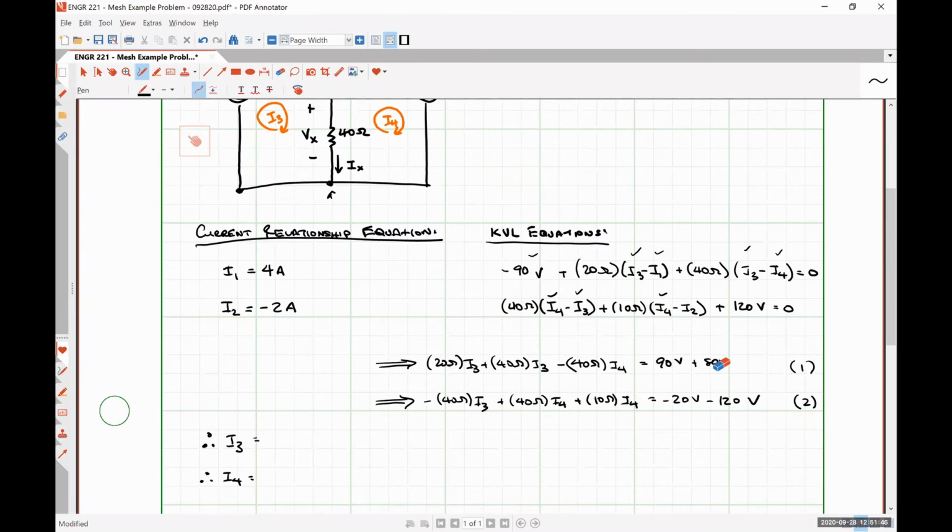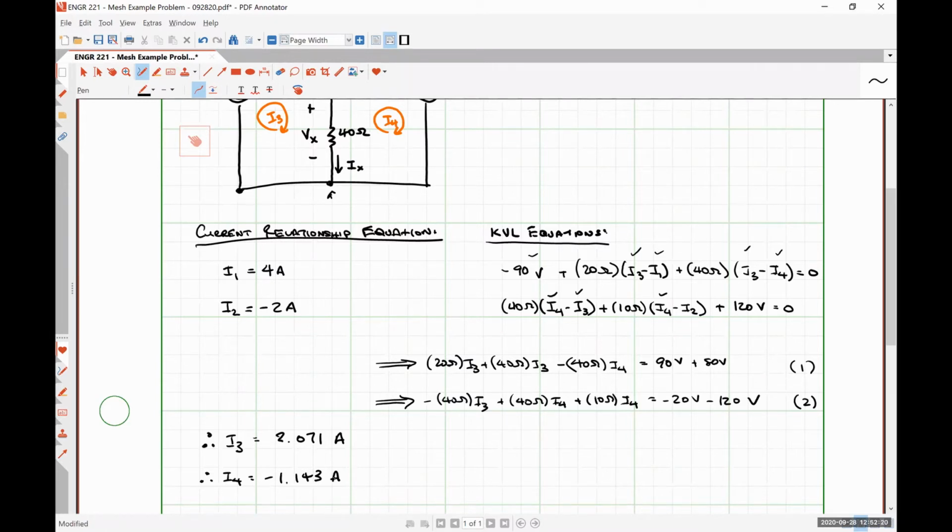Then my coefficient for the constant term is negative 20 minus 120, which is negative 140. So let's solve. And I get positive 2.071 amps for I3 and negative 1.143 amps for I4, which I believe is what you got. Great. So those are the answers that I got for I3 and I4.